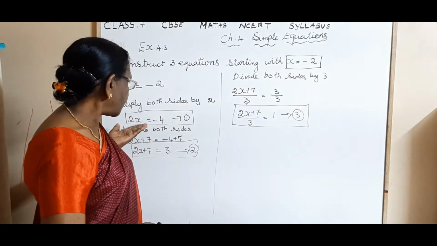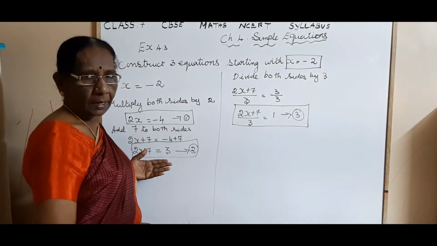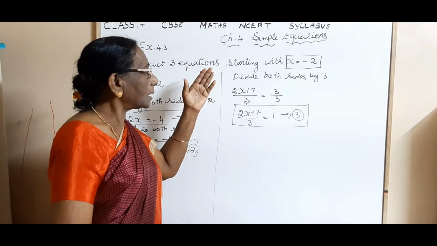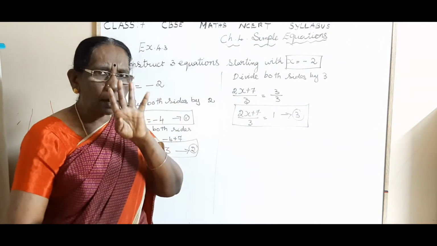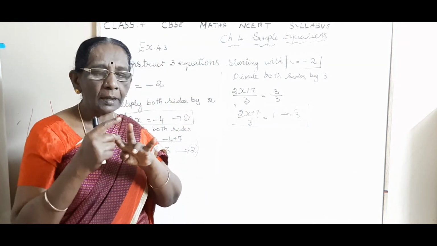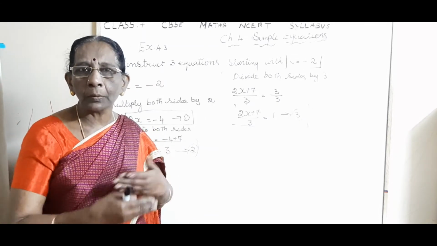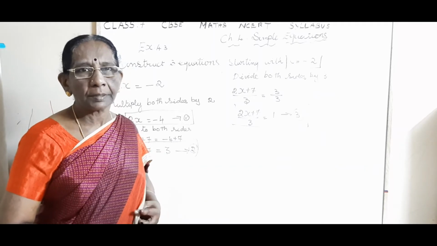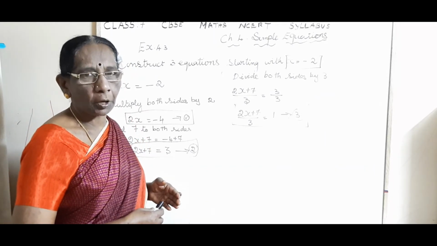Instead of multiplication, you can add. Instead of addition, you can subtract. Instead of division, you can multiply. So you can apply the 4 main operations: addition, subtraction, multiplication, and division, and you can create your own equations.